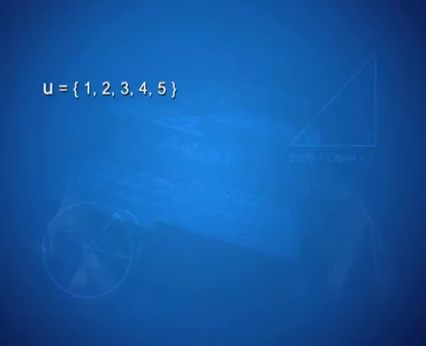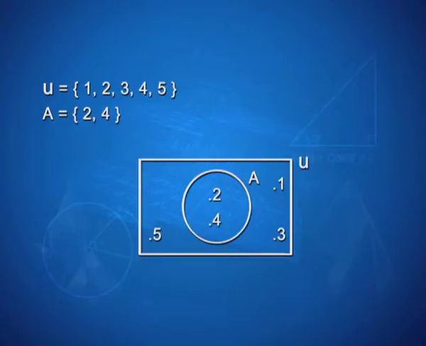For example, let U be the universal set containing the elements 1, 2, 3, 4 and 5 and let A be its subset containing the elements 2 and 4. Then the Venn diagram will be represented like this. The universal set will be denoted by the rectangle and its subset A will be represented by the circle.